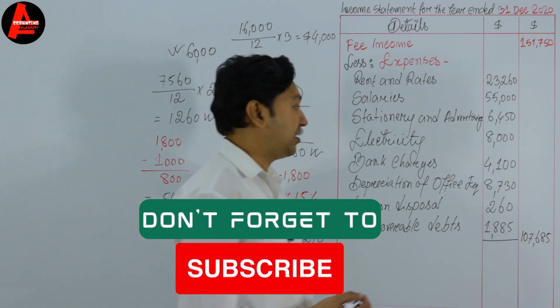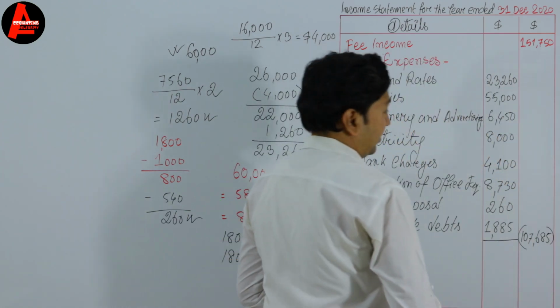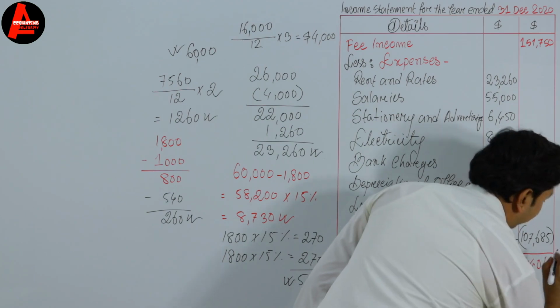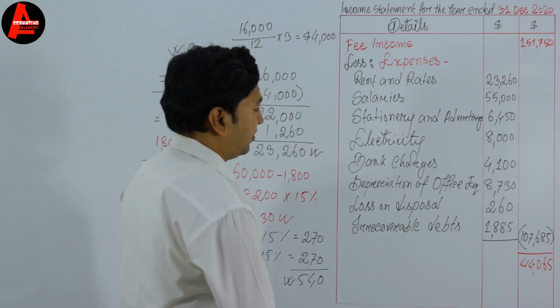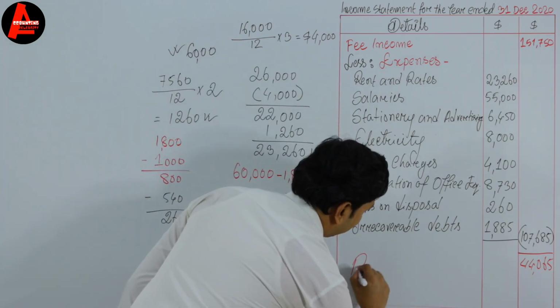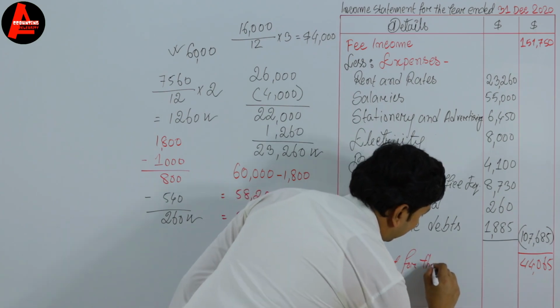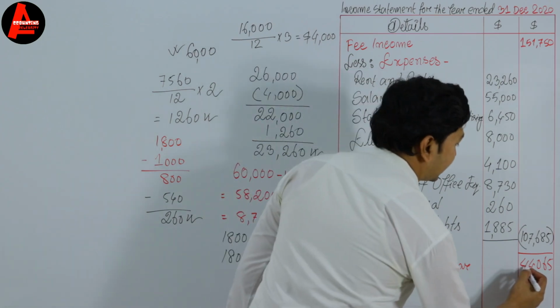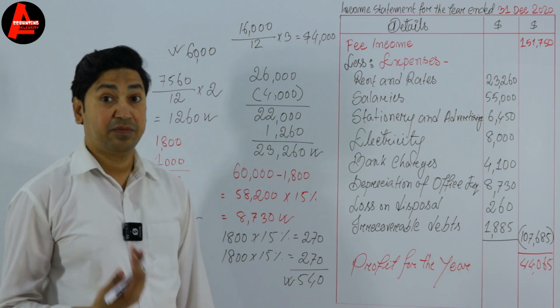If we subtract this amount, we get $44,065. So this is our profit for the year. Let us write here profit for the year.